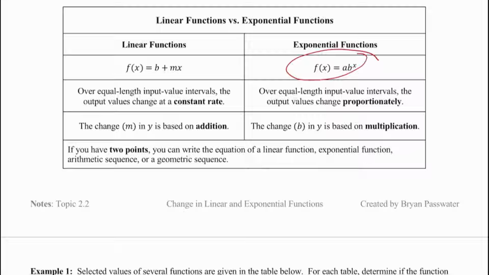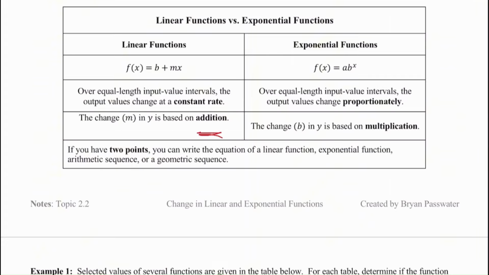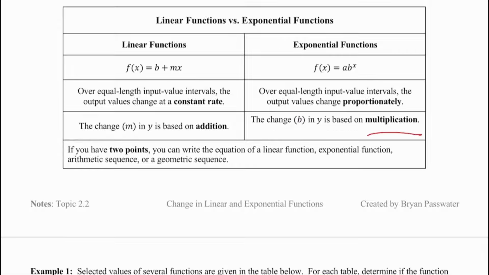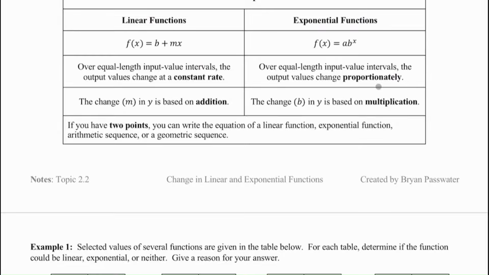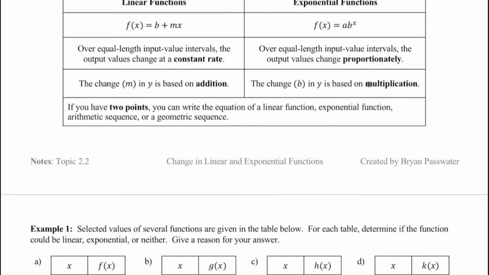Exponential changes proportionally. Linear is based on addition, which could also be subtraction. Multiplication here works too: dividing by 2 is the same as multiplying by 1/2, so it could also be division.